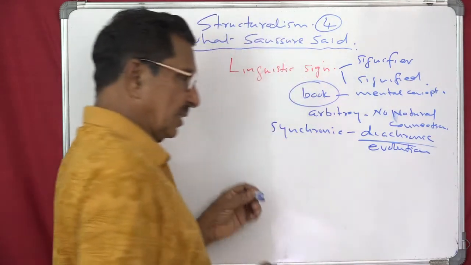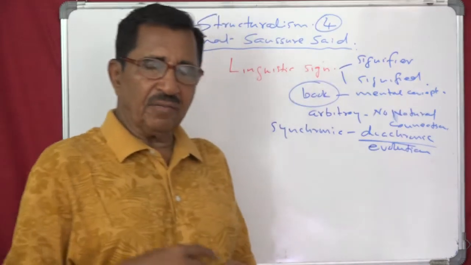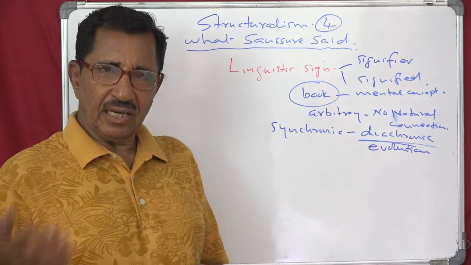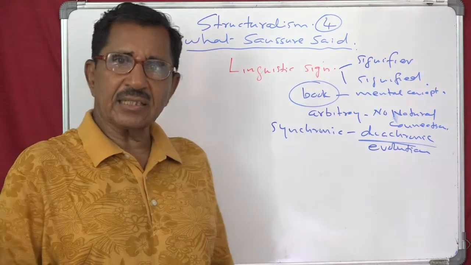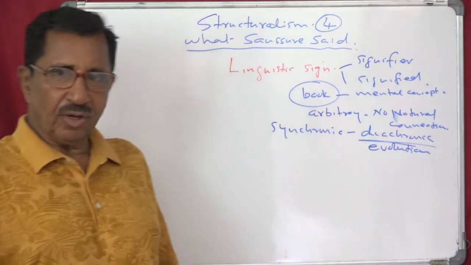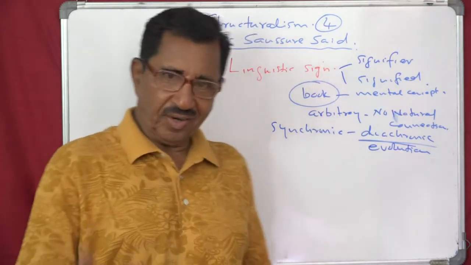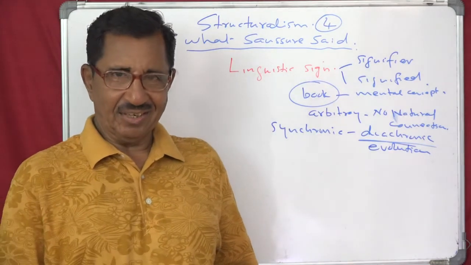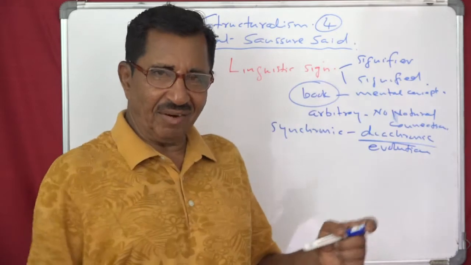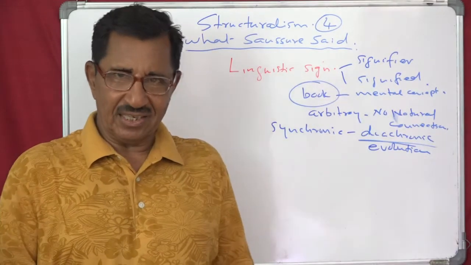Studying the progress, studying step by step. So if you are studying the English language from the Anglo-Saxon period, that is Old English, to Modern English, that is a diachronic study, step by step. Or suppose you are studying yourself from your date of birth up to this time, your evolution or development, that would be a diachronic study.